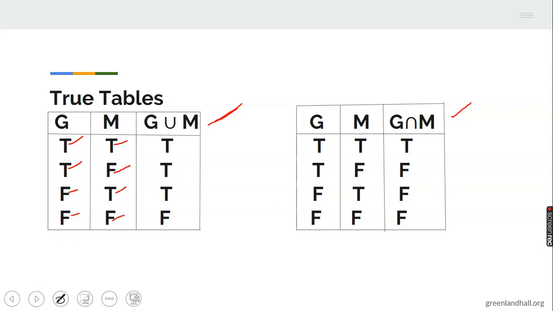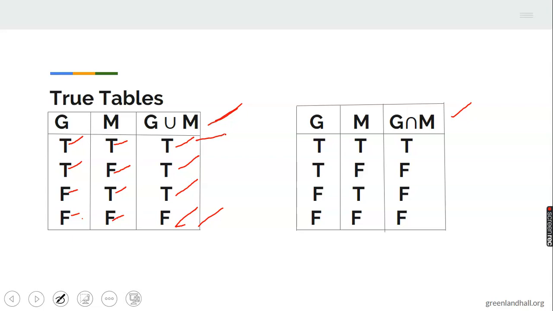For union, it will be true. True, true is true. True, false is true. False, true is true. But false, false is false. So this is a fallacy. Why this tautology? True, true is a tautology. It will always be true.